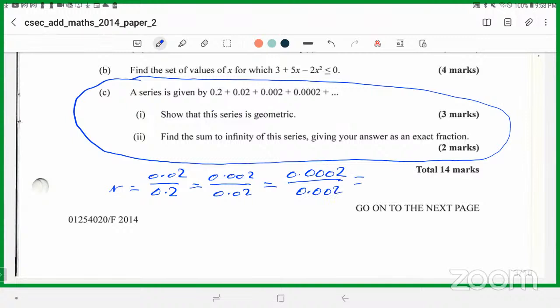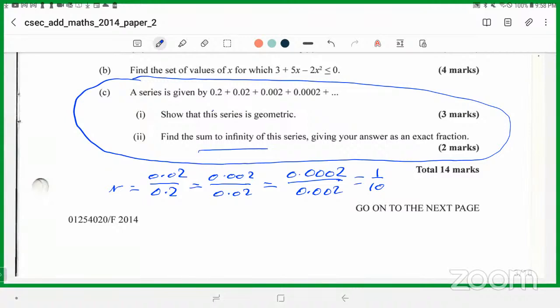That works out to be 1/10. You keep multiplying by 1/10 to go from term to term. So that is 1/10, or 0.1. Because of that common ratio, it is geometric.